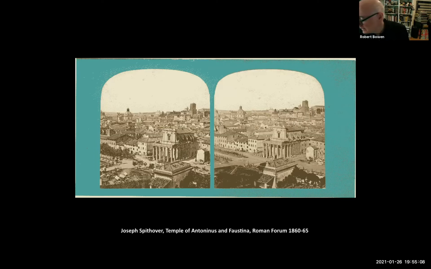This one, I sort of learned everything I know from this one photograph. It's an exaggeration, but it's a photograph of a temple on the Roman Forum in Rome by Joseph Spitthover.